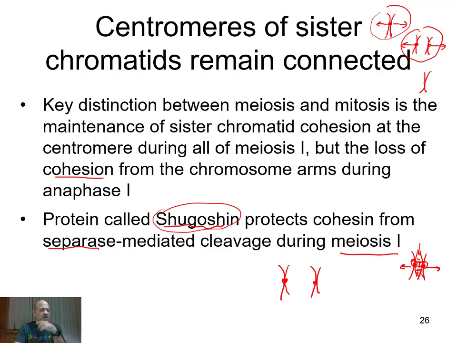So I'd have to go back and check up on that history of the discovery of that protein. So during meiosis 1, this protein is present and protects the protein cohesin from being broken down by separase during that process. Now, this is review, that separase was talked about during the mitosis chapter.